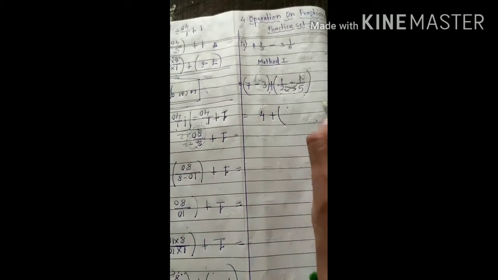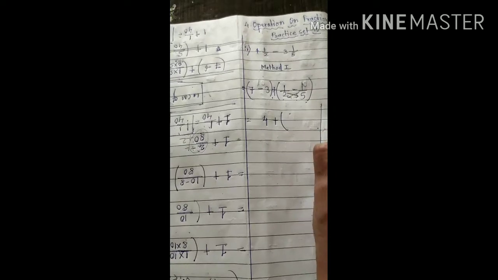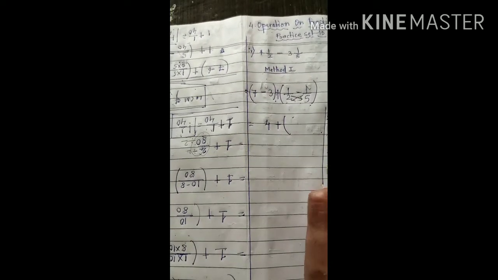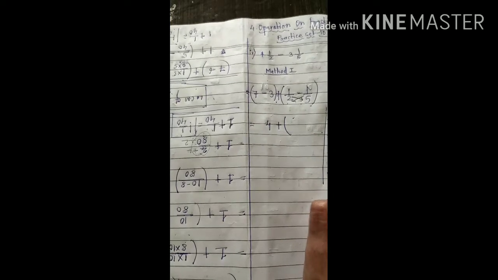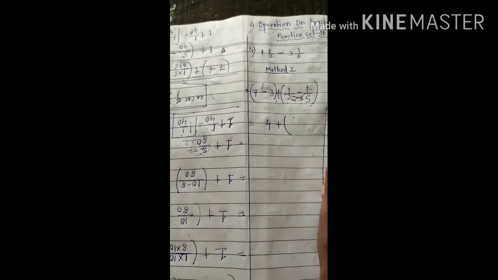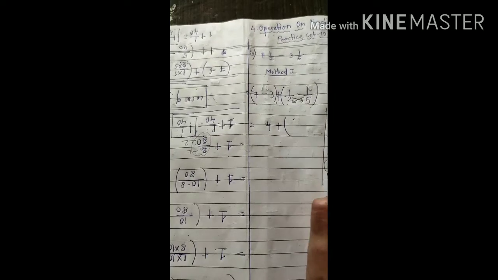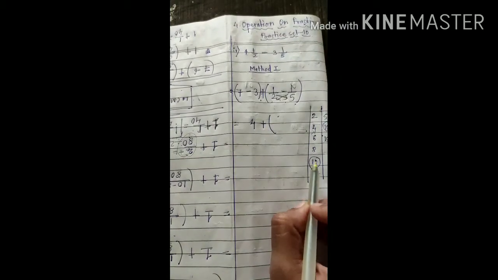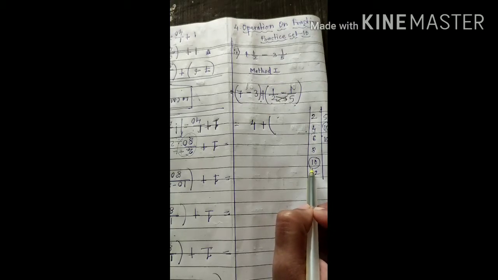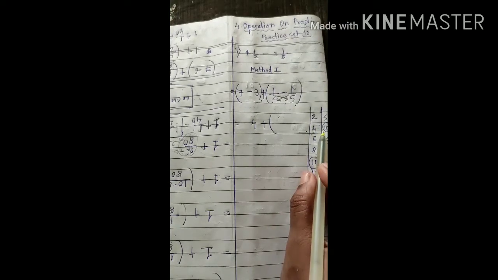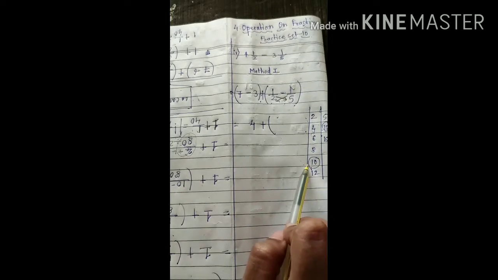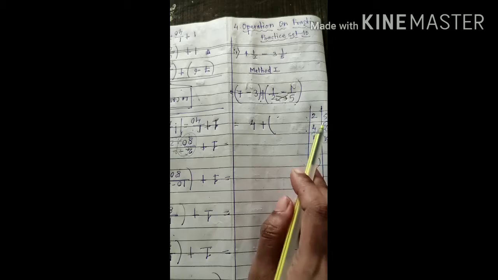Write a table of 2. 5 2s are 10. See, 10 and 10, the same number. 10 is in the table of 2 and also in the table of 5. In the table of 2 there is a 10, and in the table of 5 also there is a 10.